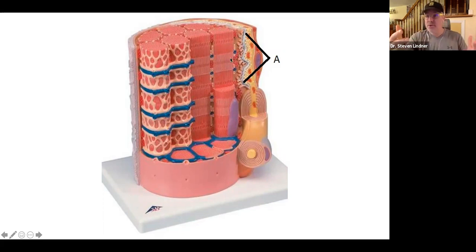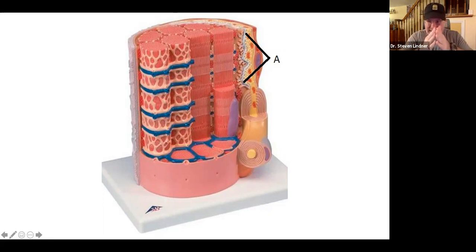How else do muscles contract? They have to get their messages from nerve. So where the nerve and the muscle meet, that's a junction, and it's called the neuromuscular junction. So what this letter A is pointing to is the gap between the nerve and the muscle.